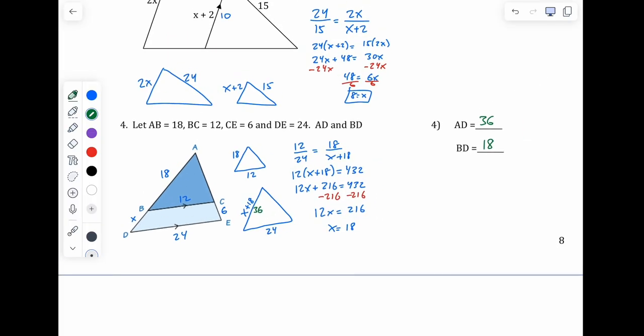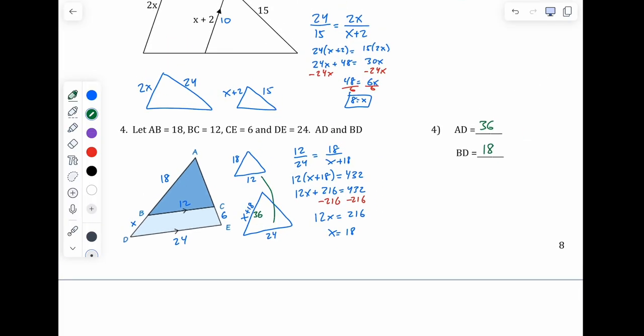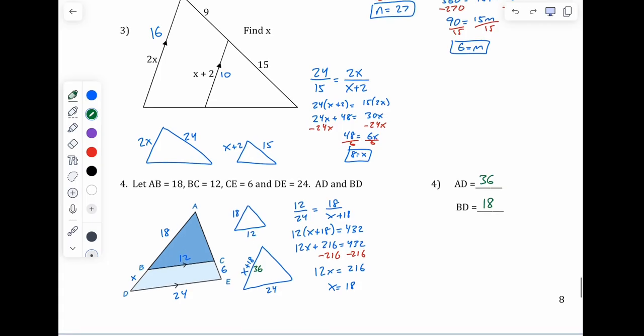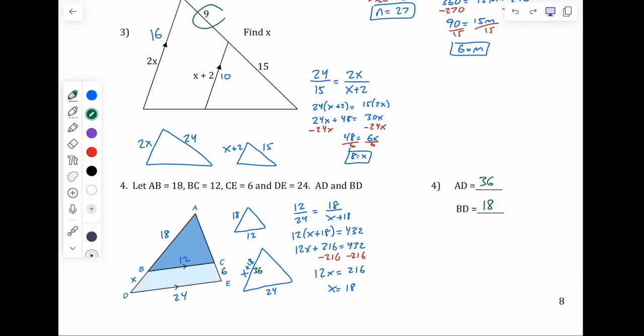And you might say, well, you know, the scale factor seems so much easier. Just do times 2. Well, look at the one above it, right? If I knew the scale factor between 9 and 15, can I just multiply one of these to get the other? There is a way to do it, but it's harder. So in 3, the proportion way is easier. In 4, the scale factor way is actually easier.